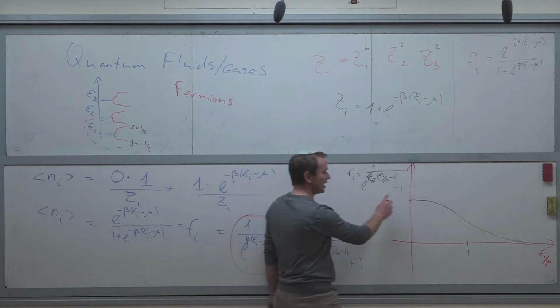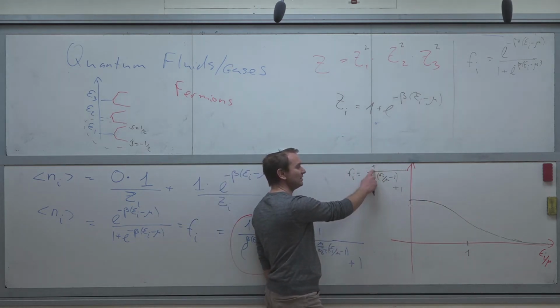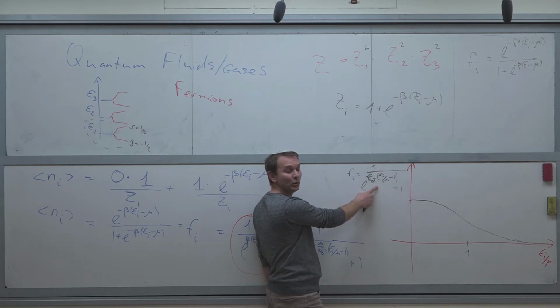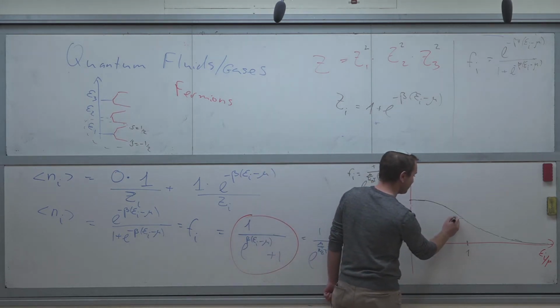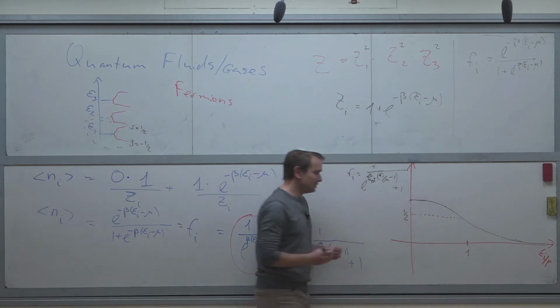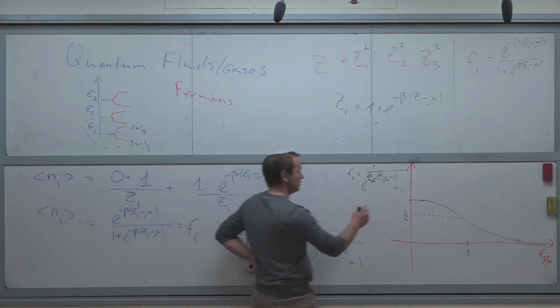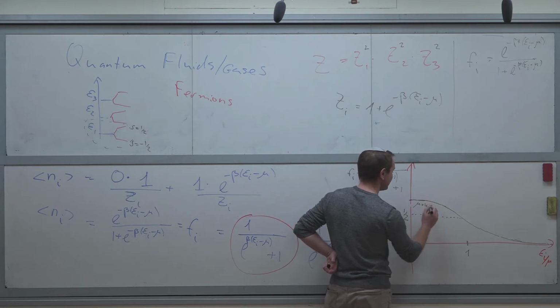Because when epsilon divided by mu equals 1, we have 1 divided by e to the power 0, which is 1, plus 1, so this is exactly 1/2. So this plot is for mu equals k Boltzmann T.